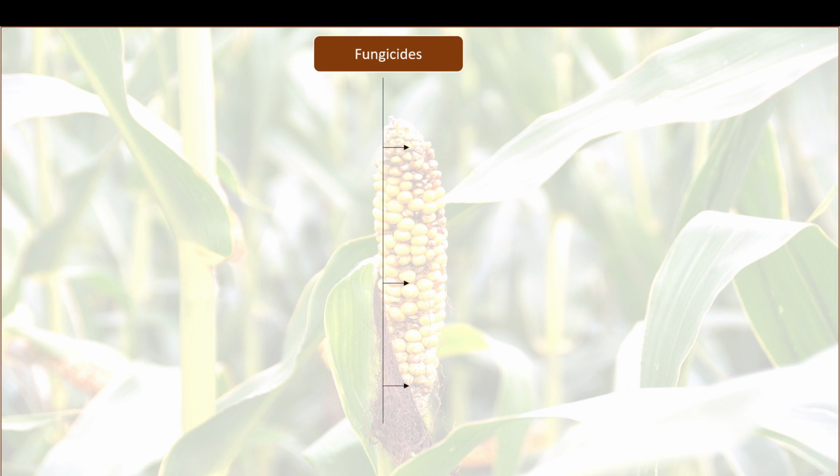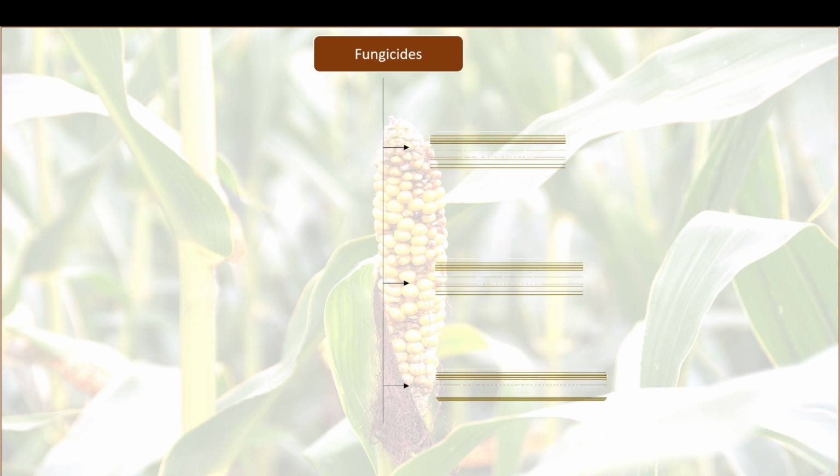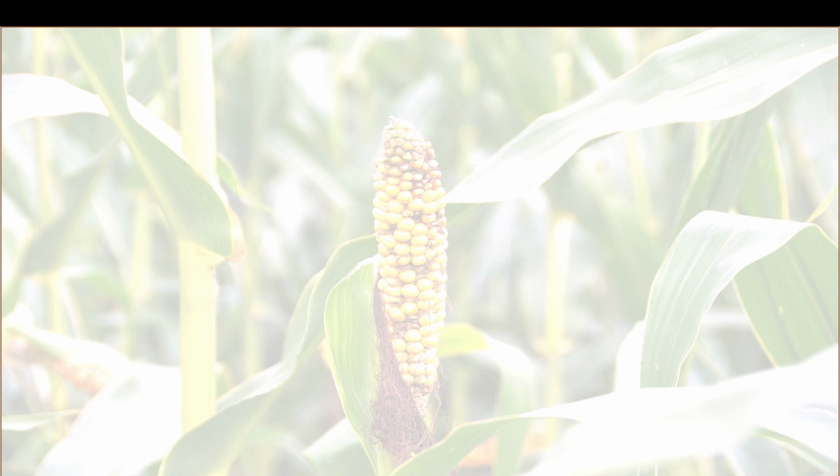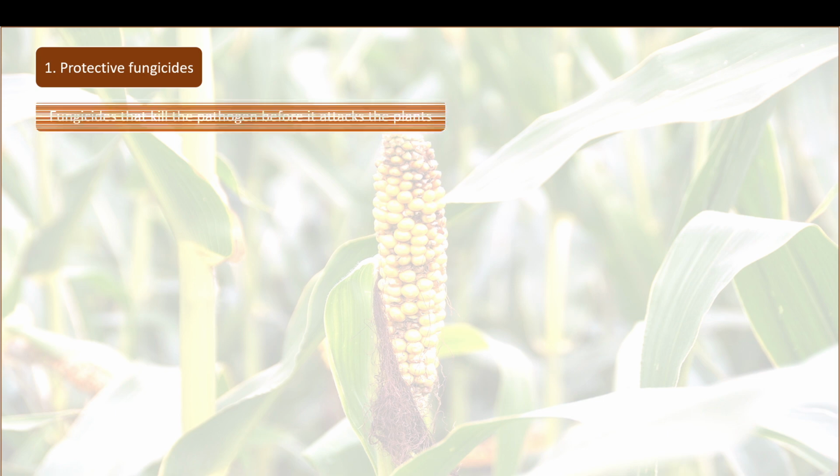Okay, if we are talking about fungicides, we will take the example of fungicides. Fungicides can be protectants, eradicants and systemic fungicides. So let us talk about protective fungicides. Protective fungicides are fungicides that kill the pathogen before it attacks the plant. When the pathogen is ready for attack, at that time this fungicide will kill the pathogen, so that the pathogen will not enter into the plant.